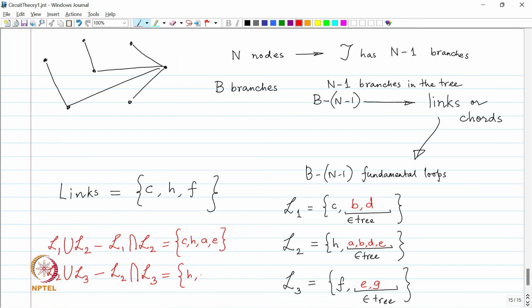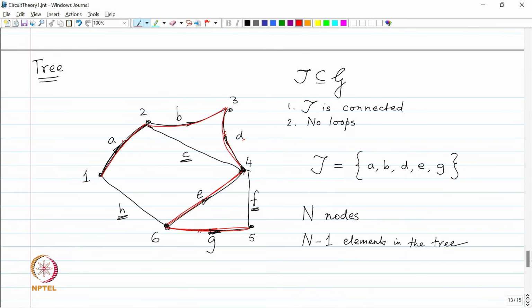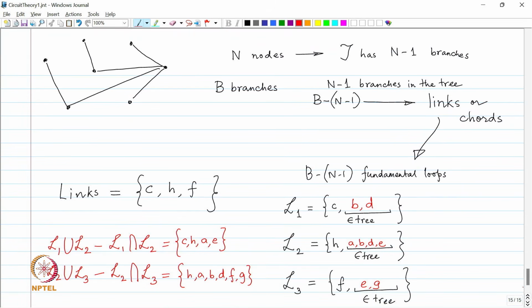H, A, B, D, F, G. Just check H, A, B, D, F, G. Yes, it is a nice huge loop, and it has come just by a combination of previous fundamental loops.